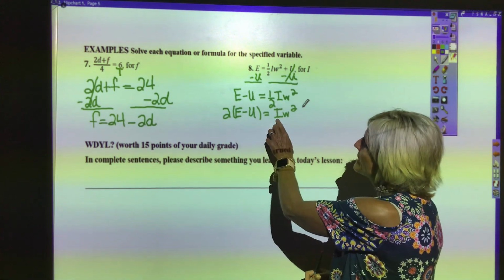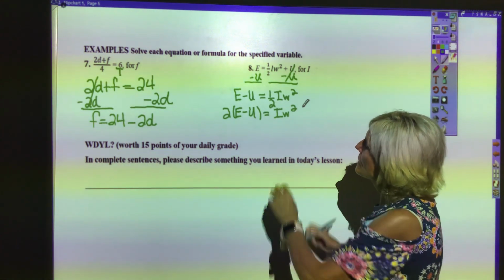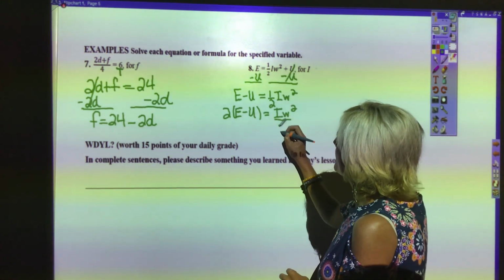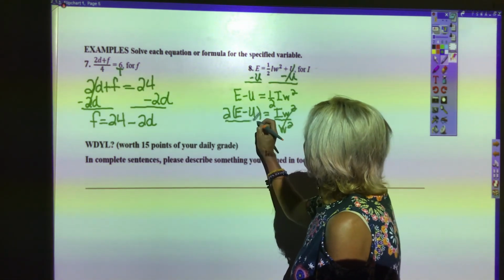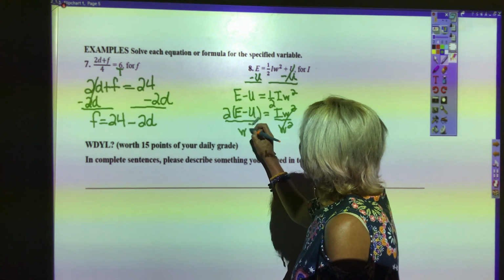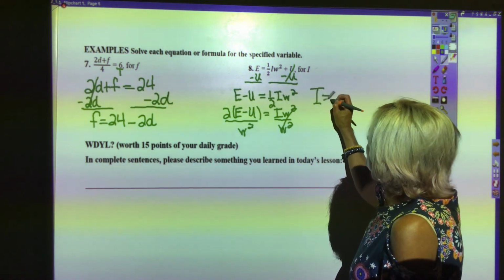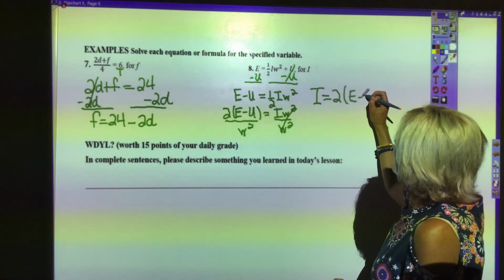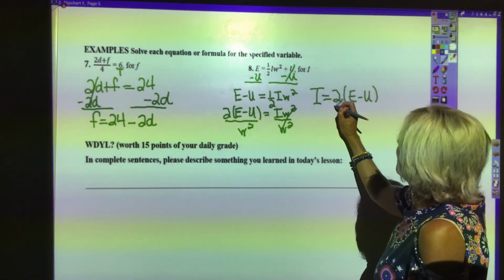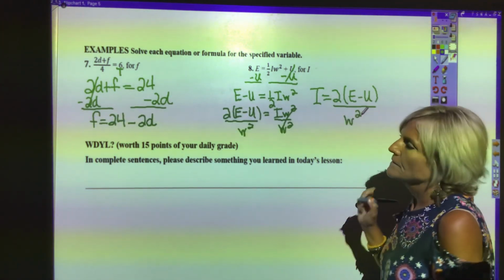So we have I times W squared. So if I want to get I by itself, I'm dividing both sides by W squared. So I equals 2 times E minus U, all divided by W squared.